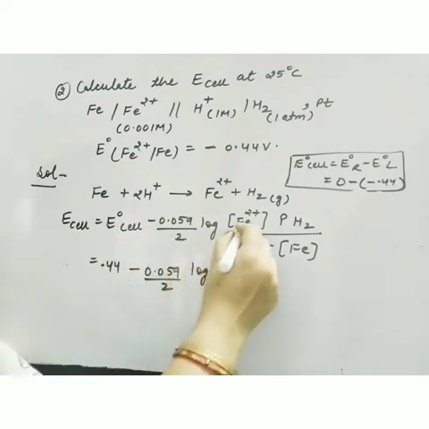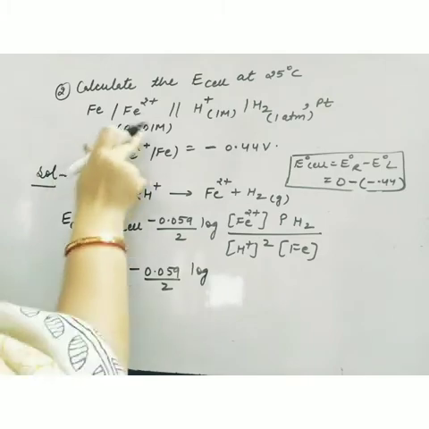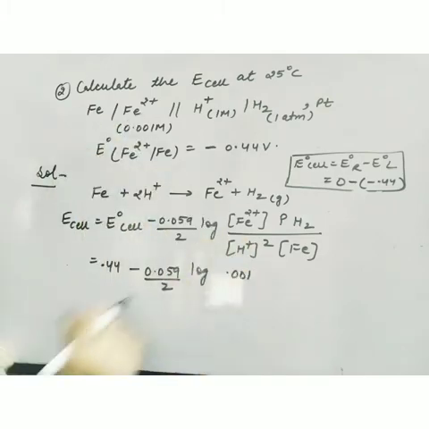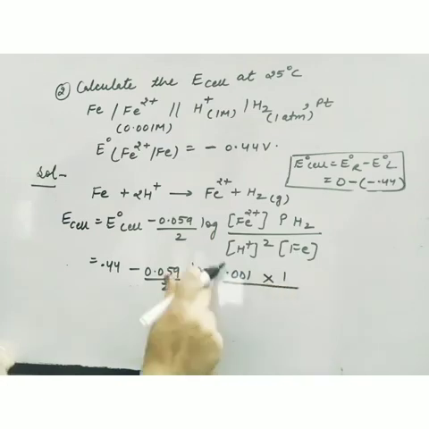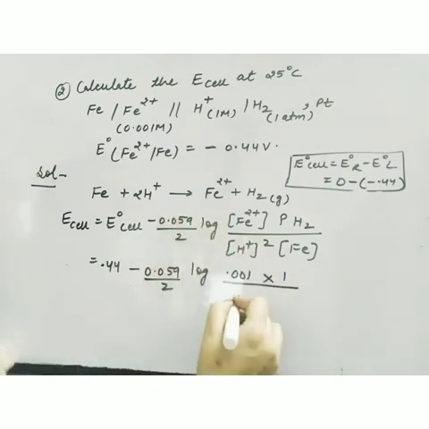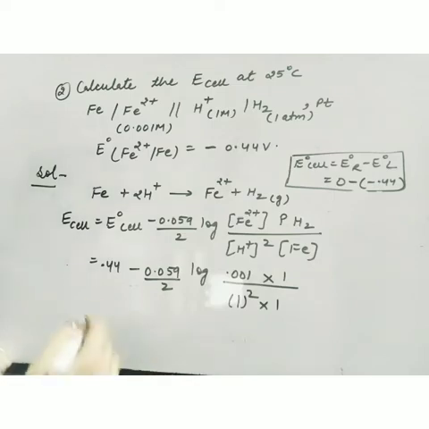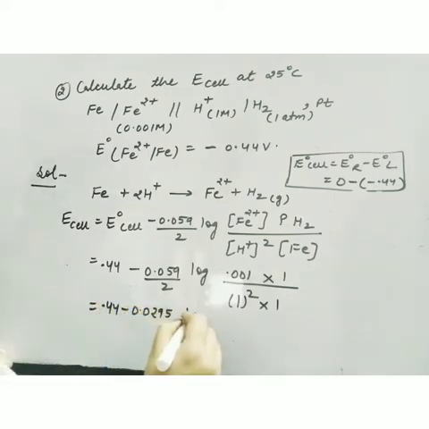Now what is the concentration of Fe2 plus? 0.001. What is the pressure of hydrogen? 1. What is the concentration of H plus? 1 square, okay. And what is the concentration of pure iron? Pure iron we know it is 1. So now we'll solve it. Log 10 to the power minus 3. Okay, and what is log 10 to the power minus 3?